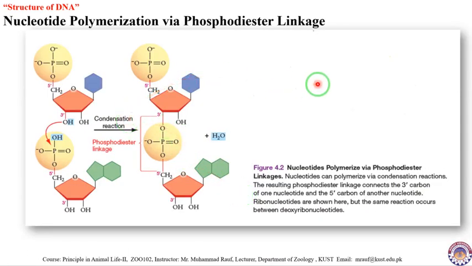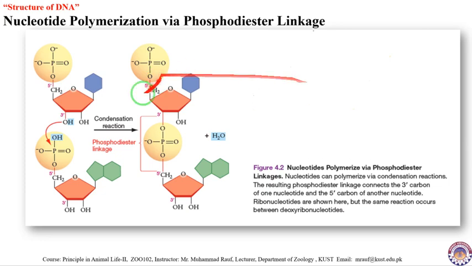Now, in the Zoology 1 course, you have already studied the four types of biological macromolecules in detail, and you also know how a monomer gives rise to a polymer. What type of chemical reaction is involved? That reaction is called a condensation reaction or dehydration reaction. A condensation reaction is one where monomers come together and form a polymer.